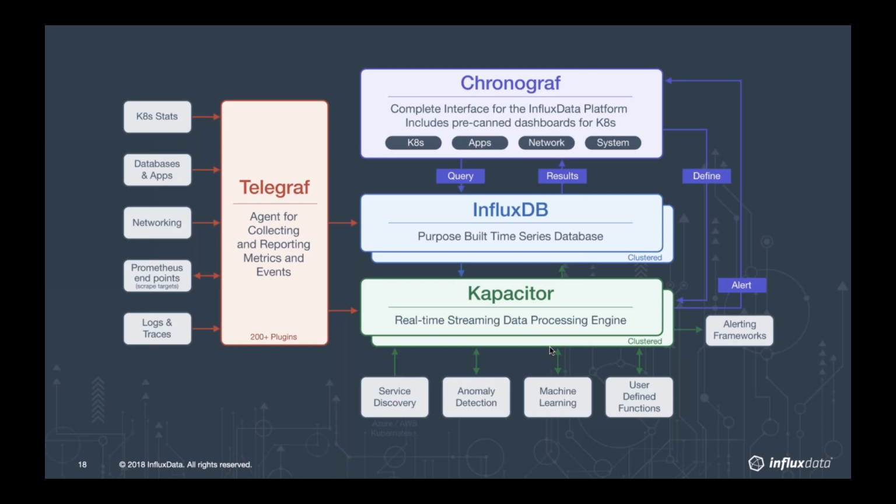And Kapacitor is the interface for your alerting frameworks or anomaly detection, machine learning, artificial intelligence, anything else that you want to do with that data that you have been collecting. And Chronograf, as I mentioned, the visualization tool, already comes with precanned dashboards for Kubernetes, network, system stats, and some applications that are very popular.